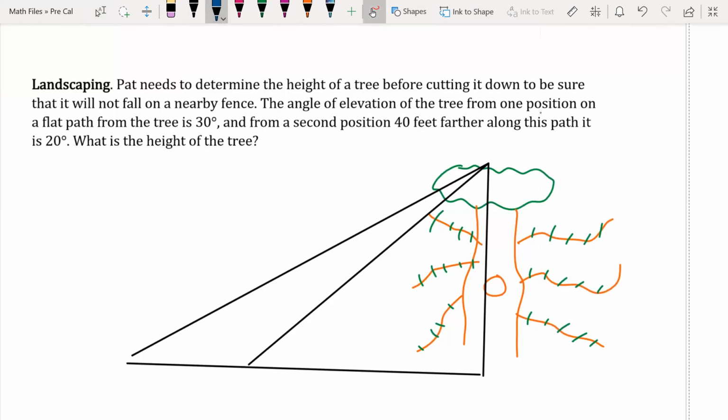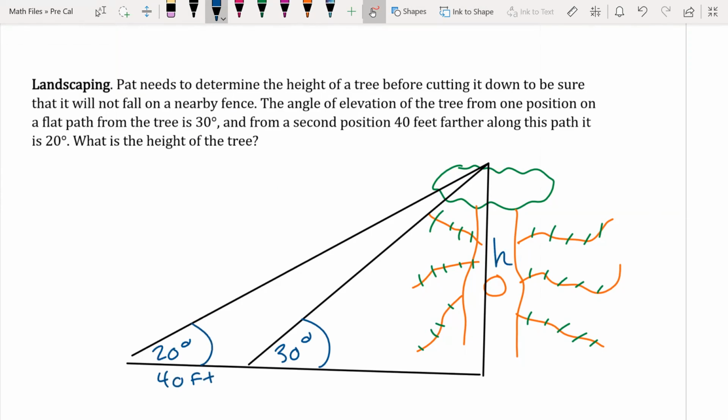Okay. So the first angle of elevation of the tree from one position on a flat path is 30 degrees. And then the second position, which is 40 feet further along the path, so here's 40 feet, will be 20 degrees. What is the height of the tree?